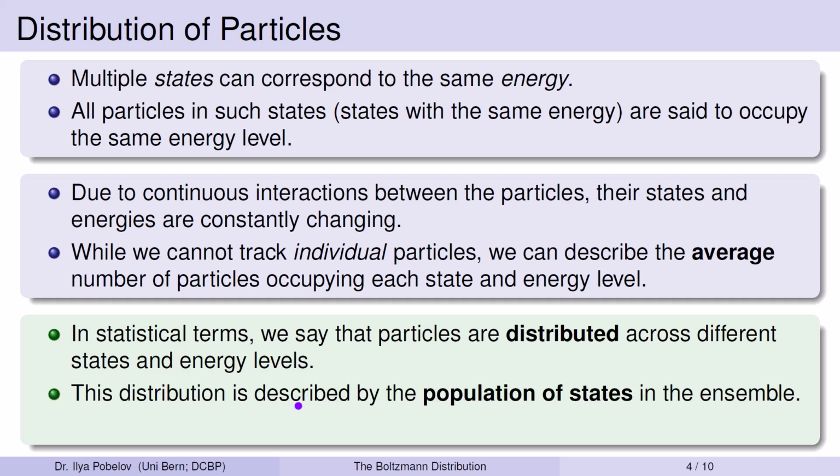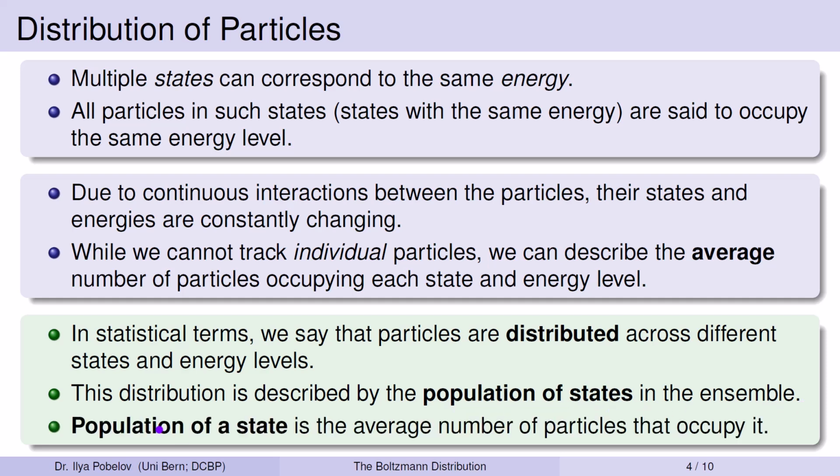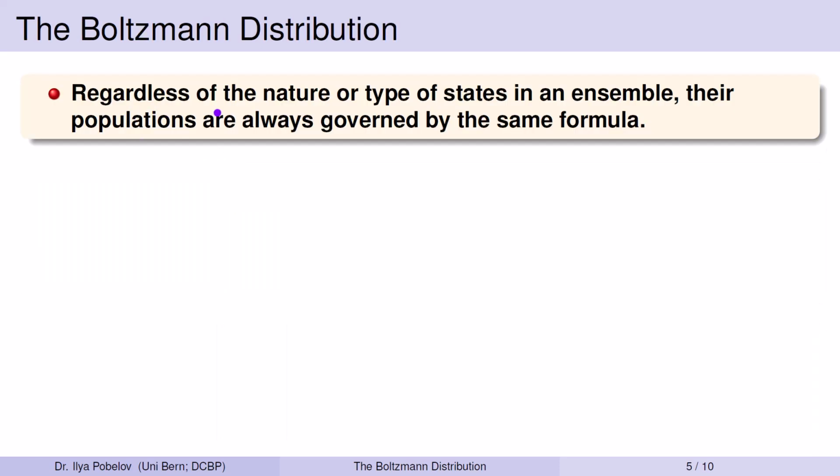This distribution is described by the population of states in the ensemble. The population of a state is the average number of particles that occupy it. Regardless of the nature or type of states in an ensemble, their populations are always governed by the same formula.